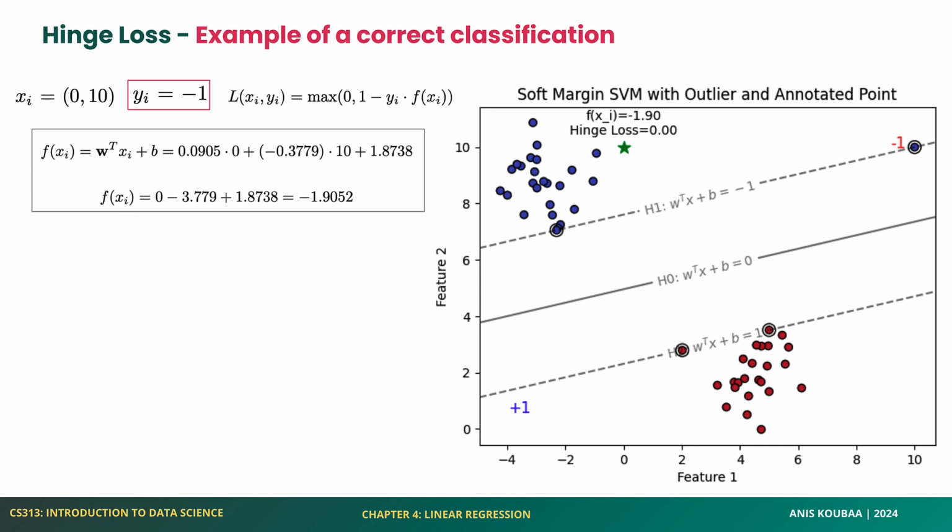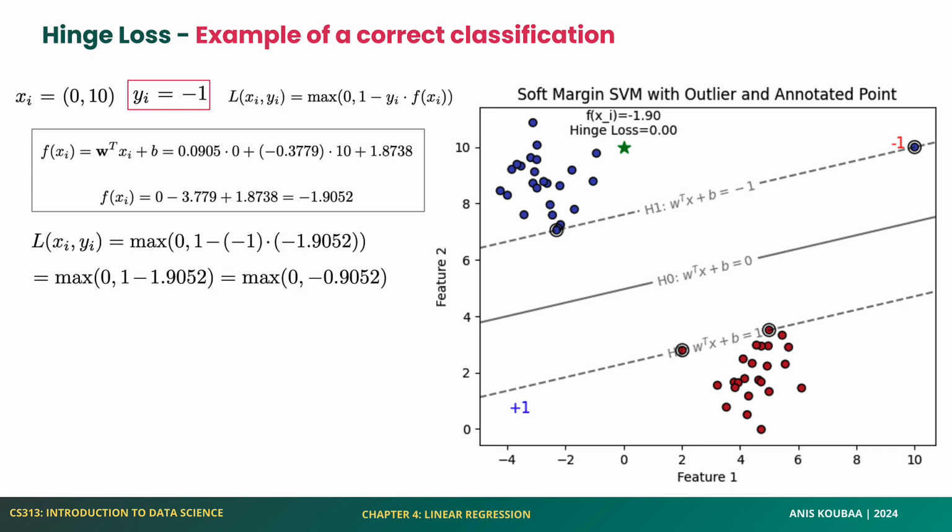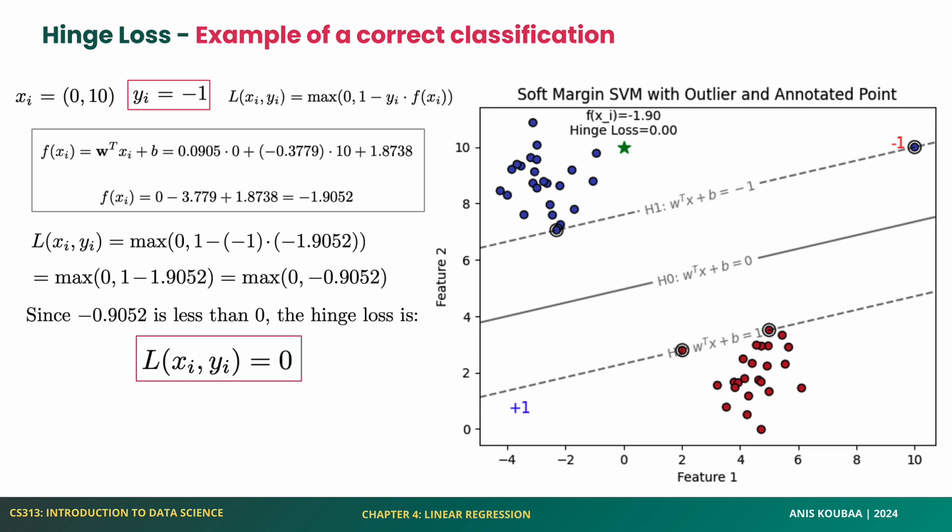This gives me a negative value, which means that the classification is negative. So I'm going to classify this as minus 1. Now we apply the hinge loss, the max between 0 and minus 0.9. Same thing, it's going to be equal to 0.